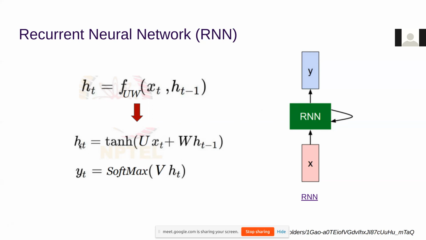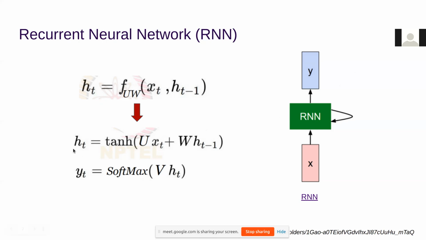So HT is being computed as the tanh function of U XT plus W times HT minus 1. U is the matrix and XT is the input at time t, plus W is another matrix which we will learn through the data, times the previous state information HT minus 1, and then apply the tanh function over this.